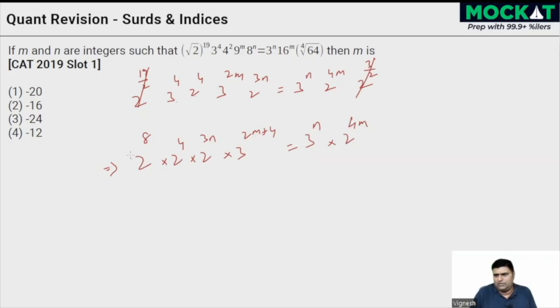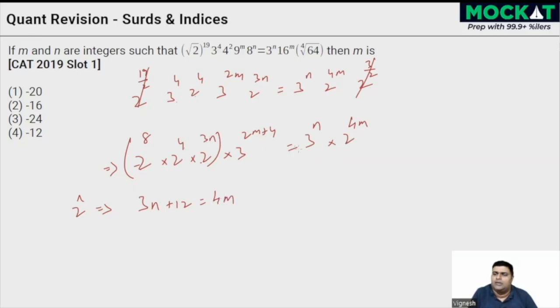That's it. The 2's over here, what is going to become the powers? For the 2's, the left hand side is going to be 3n plus 12. The power should be the same on the right hand side, 2 power 4m, so it should be equal to 4m.